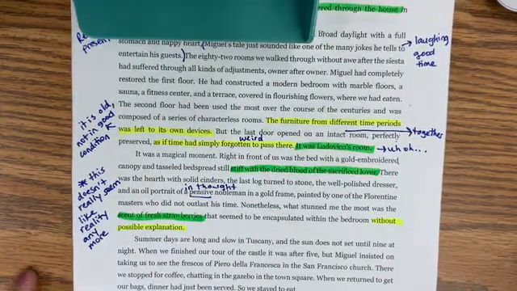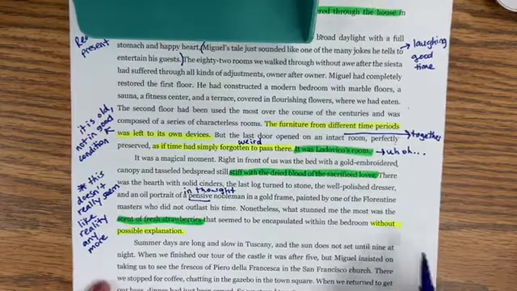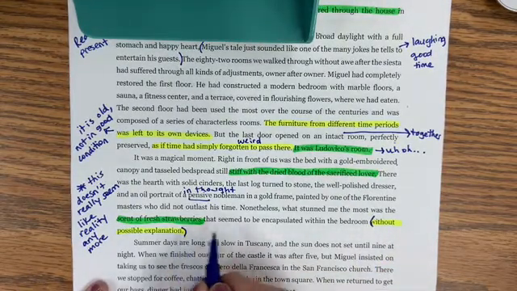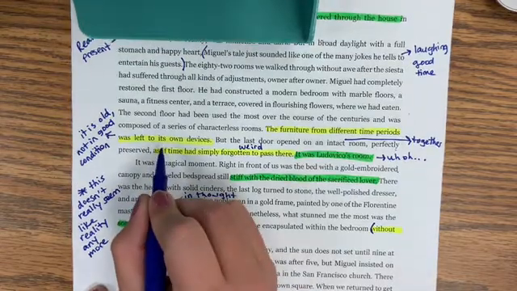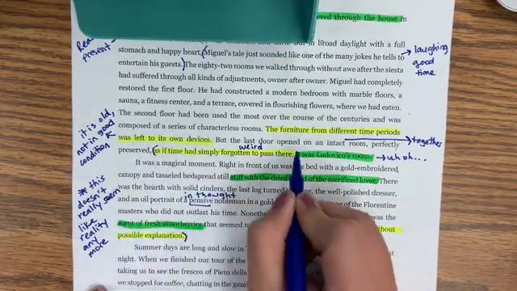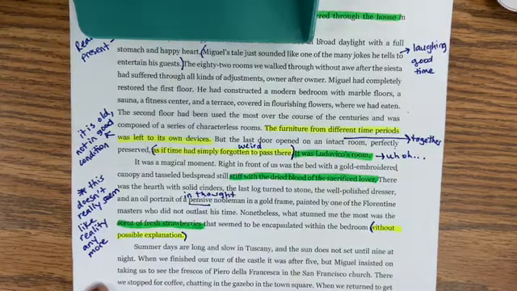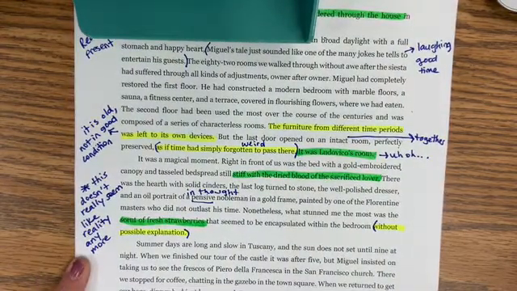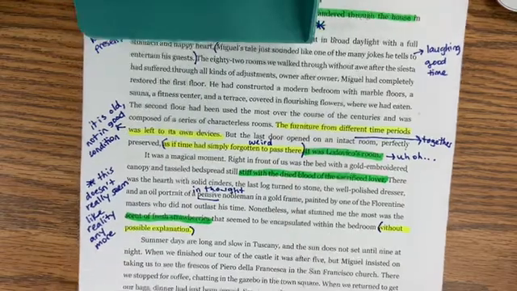Seems more spooky, suspenseful, fantasy. And again, we could support that with the implicit information, without any possible explanation, or when he said, as if time had simply forgotten to pass there. That could be our implicit evidence to support the inference. It doesn't seem like reality anymore.